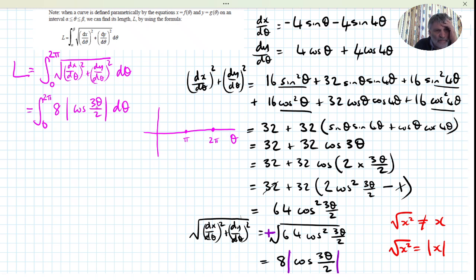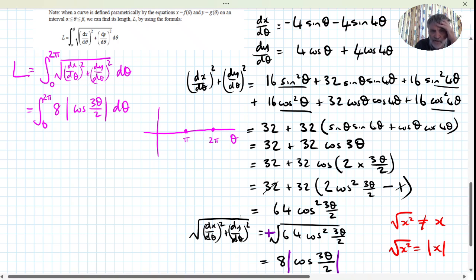When theta equals pi, we get the cosine of 3 pi over 2, which normally the cosine graph goes like this. 3 pi over 2 would be here, so we get back to a cross of 0.